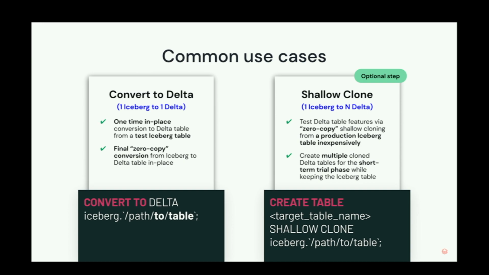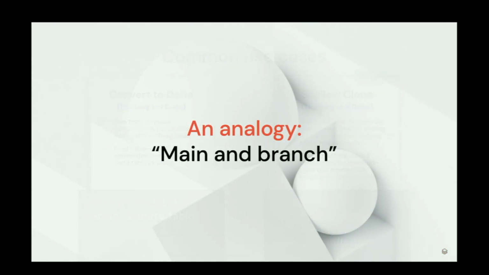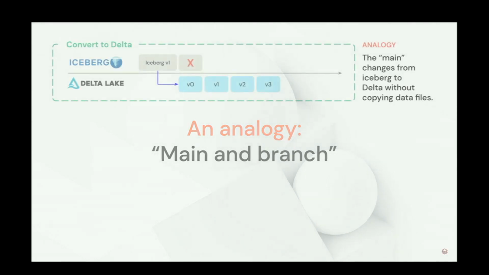And as I mentioned, shallow clone is an optional step, if you want to have this testing period, and you can use shallow clone to test out Delta tables in multiple use cases. Okay. I want to use an analogy, main and branch, in a GitHub environment, to distinguish these 2 commands for you.